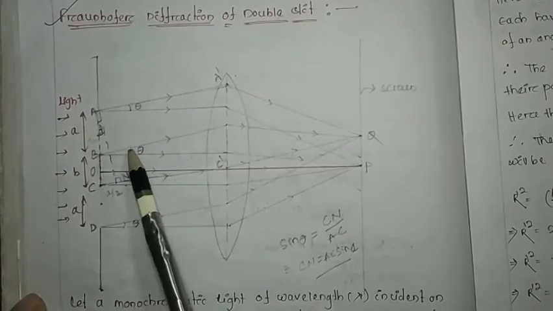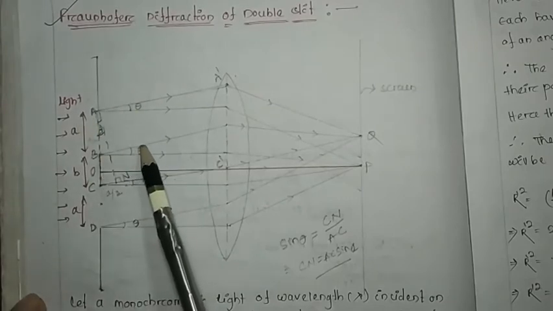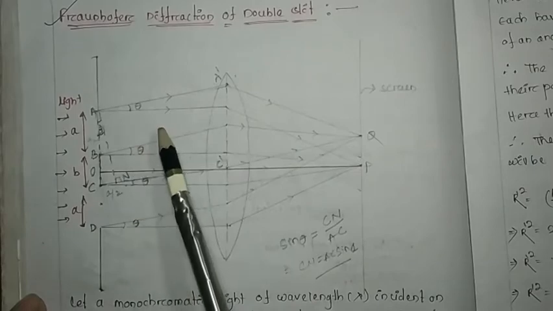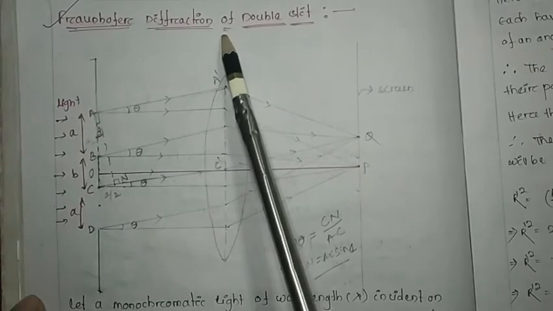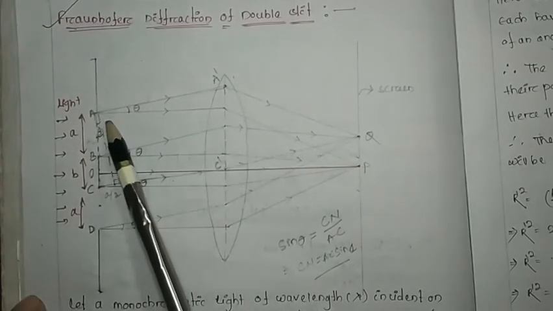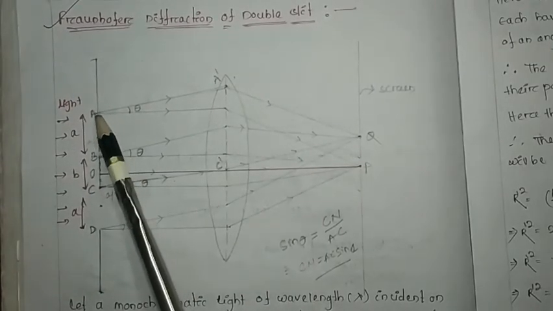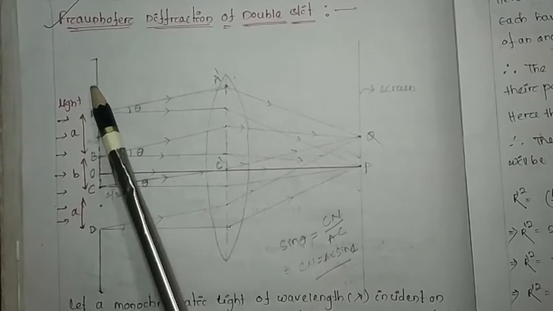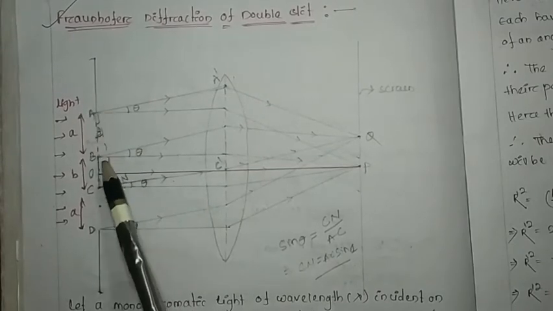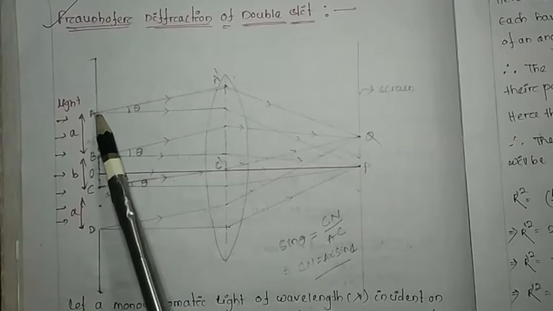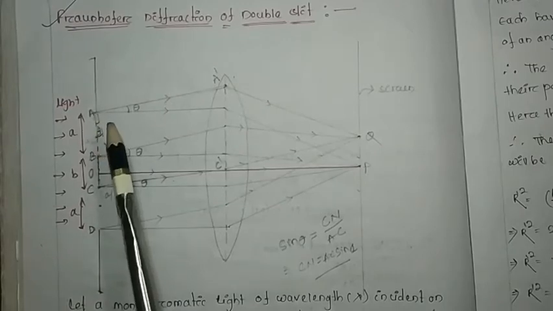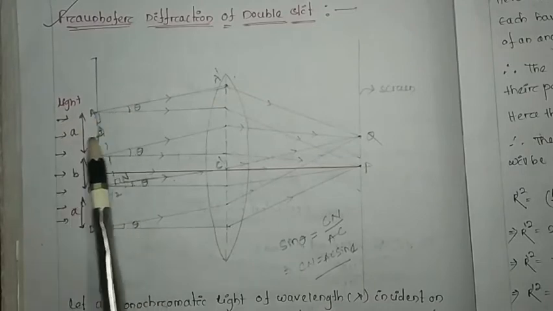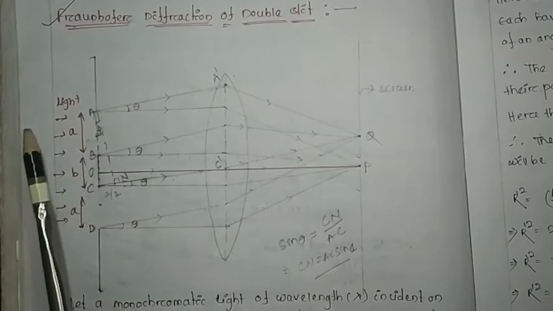At B point diffraction with an angle theta also happens, because we know that diffraction is nothing but bending of light at the edge of the slit. So AB is the slit, meaning at A and B we get the bending of light. The normal incidence of the light is this one.